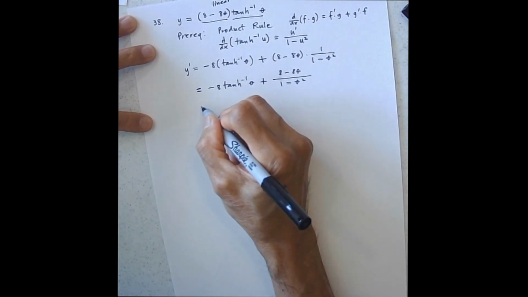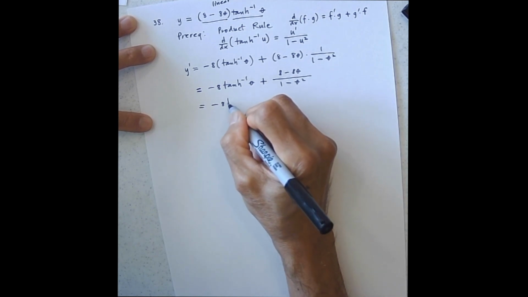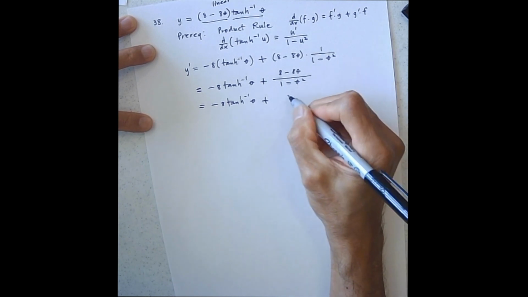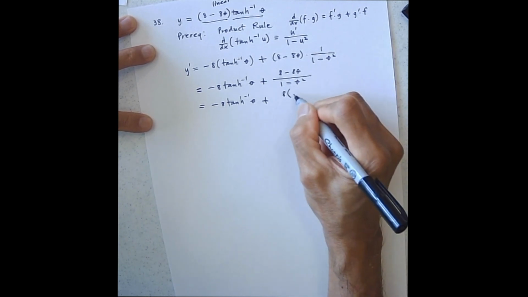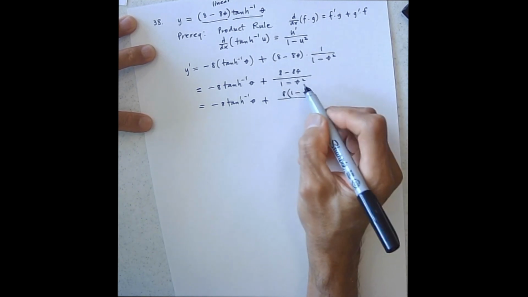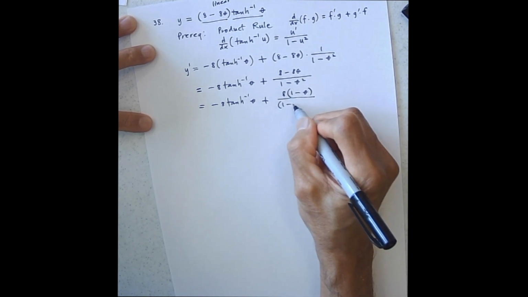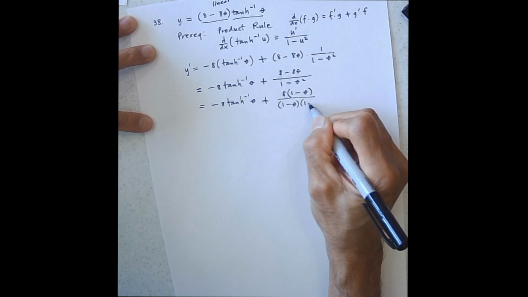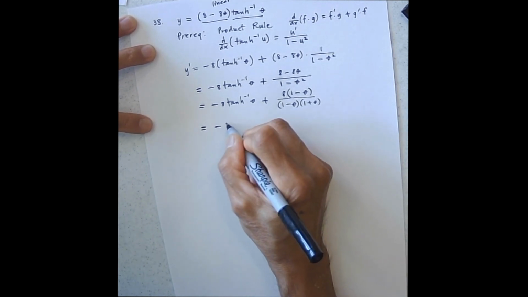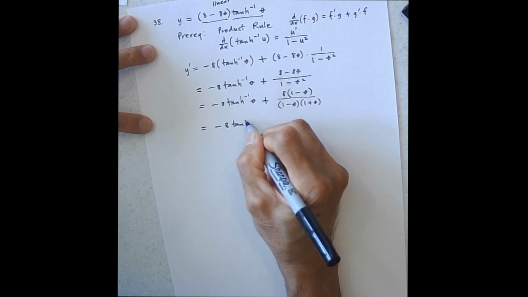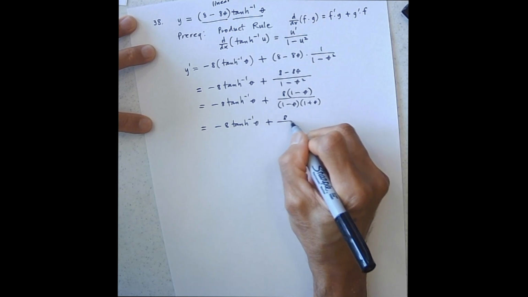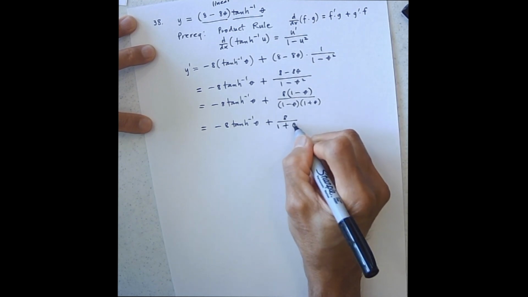Then we can do some algebra simplification here. Negative 8 hyperbolic tan of theta, we can factor out the 8 in the numerator and we get 1 minus theta. The denominator is a difference of two squares, which is factorable into 1 minus theta times 1 plus theta, and so your final answer is negative 8 hyperbolic tan of theta plus 8 over 1 plus theta.